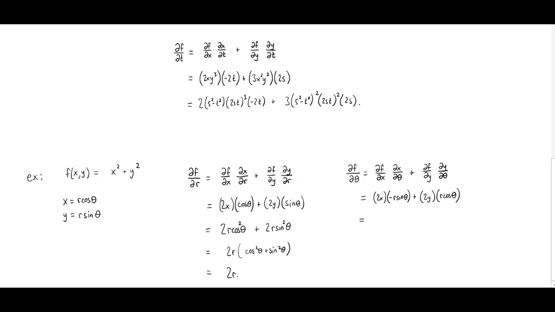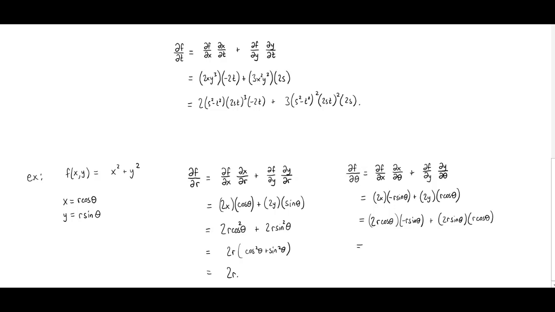So if I do the same thing as before, so sub in x to r cosine times minus r sine. Then next, this would be 2r sine, and then times r cosine.